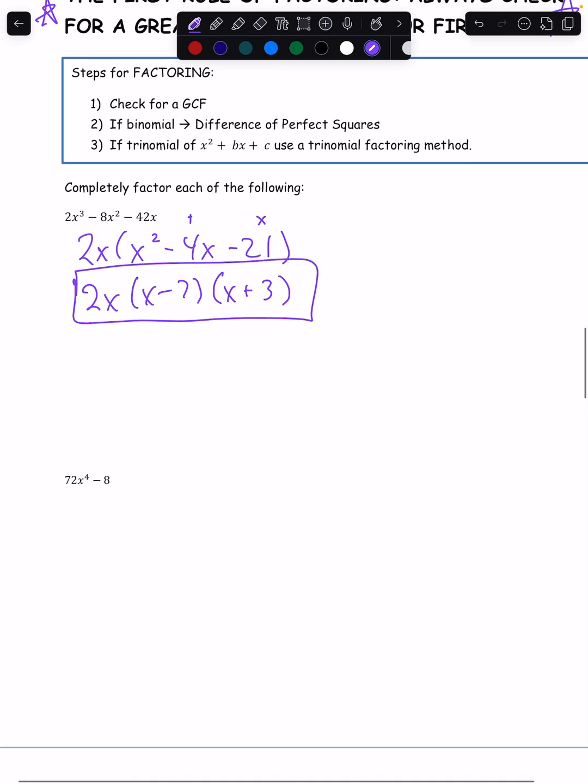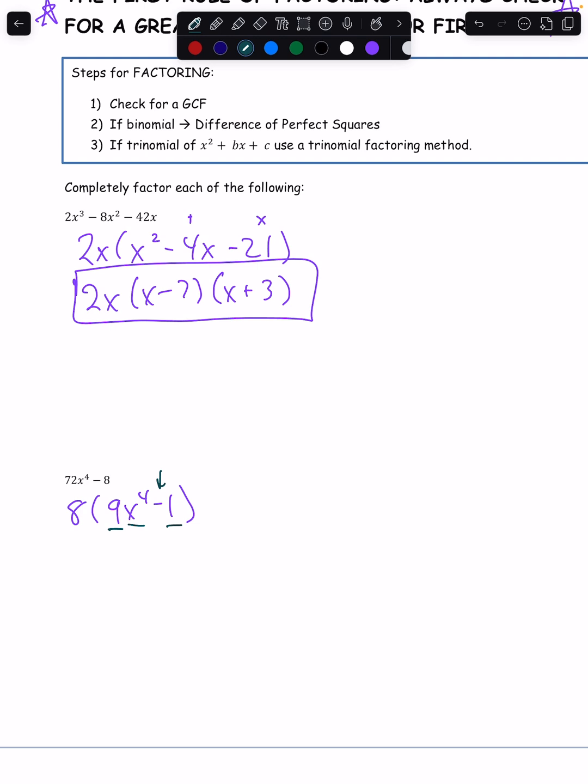And the last one, make sure always first check for a GCF. This is one where it's not a difference of two perfect squares yet. So we wouldn't be able to do that unless we took out a GCF. So our GCF here is 8. We're left with 9x to the 4th minus 1. 9 is a perfect square. X to the 4th is a perfect square. 1 is also a perfect square. It's 1 times 1. Don't forget, that was an easy one to forget. And then we're subtracting.